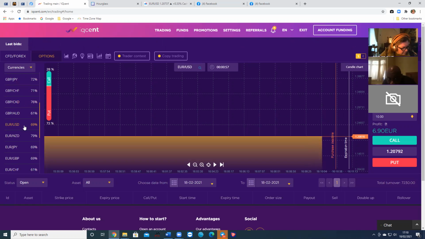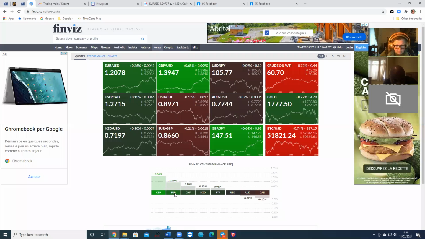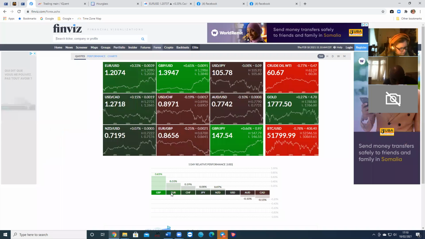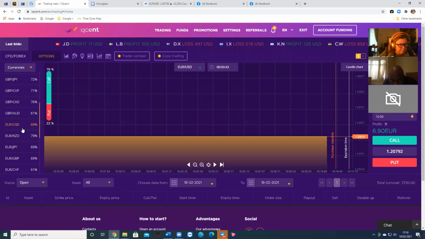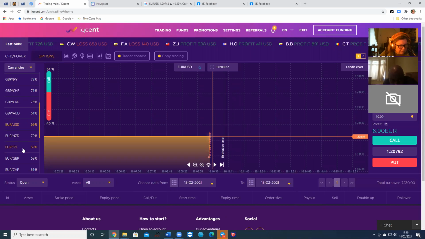Euro USD, 69%. Again, if you look at your currency strength meter, you've got the euro a lot stronger than the USD, so I've put an up arrow against that. Euro JPY, so these are slightly under our minimum 70% that we like, but at 69%, that's okay.